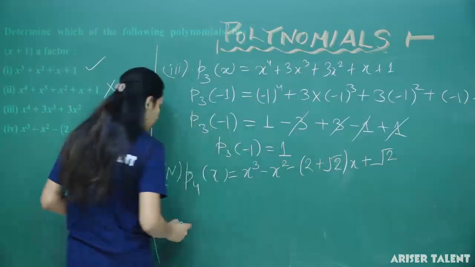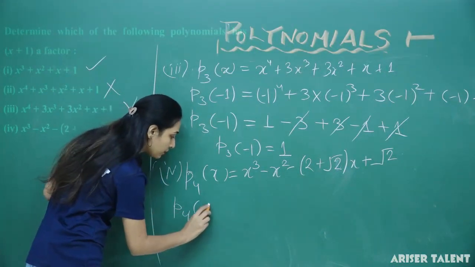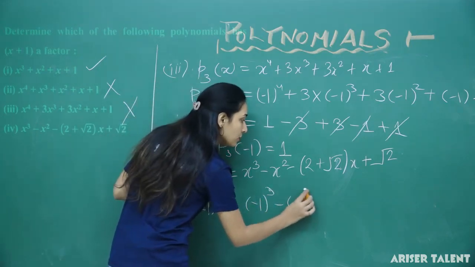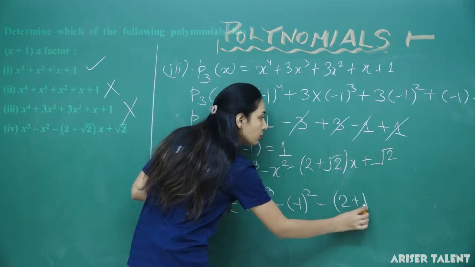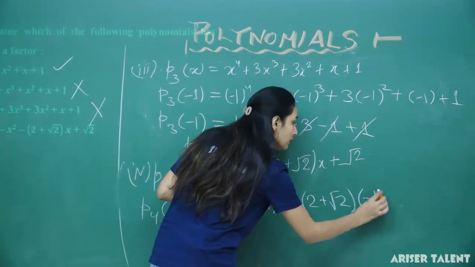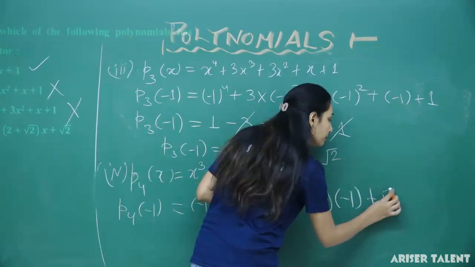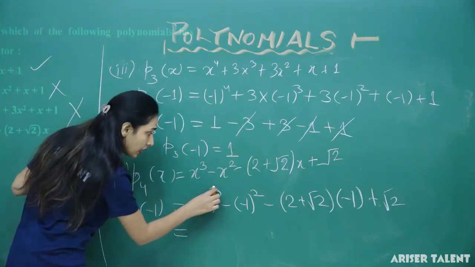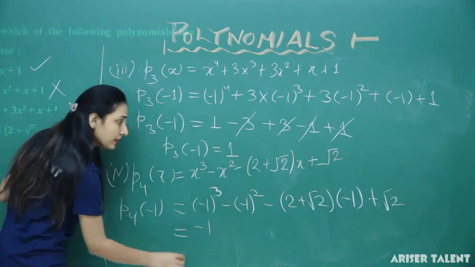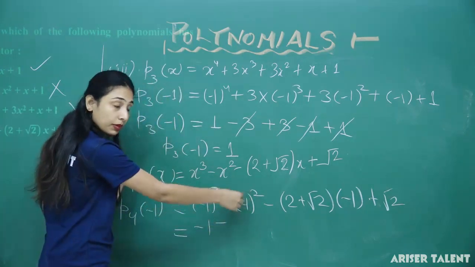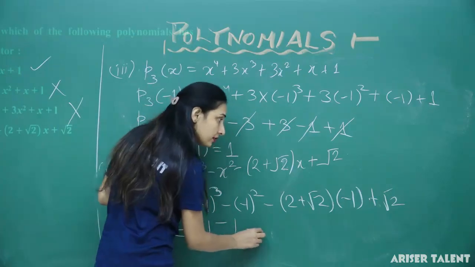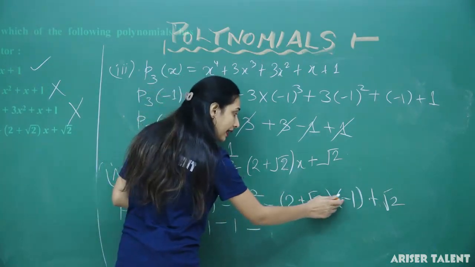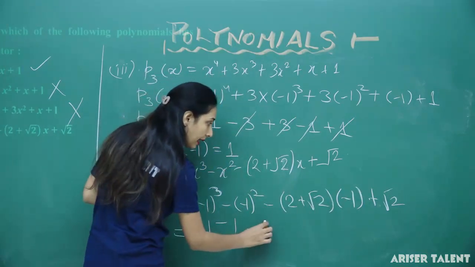So now what you have to do, just put the value x equals minus 1 and get it like (-1) whole cube minus (-1) square minus (2 plus root 2) multiplied by (-1) plus root 2. Is that so? Now completely do the calculation, minus 1 here, then minus 1, okay, now you can just multiply it, so that minus minus will become plus, minus 2.